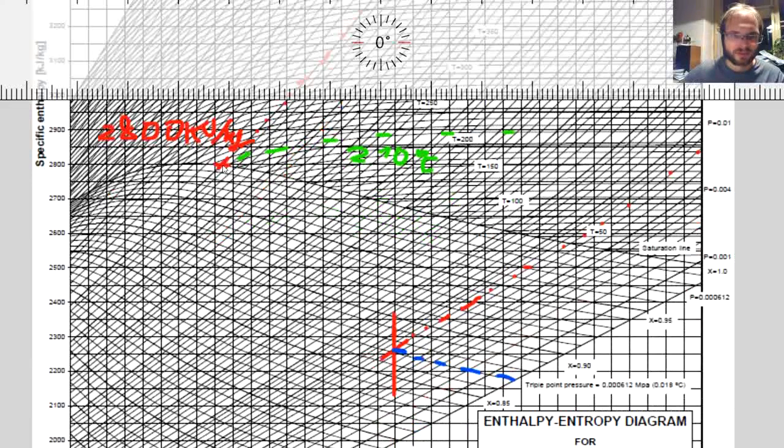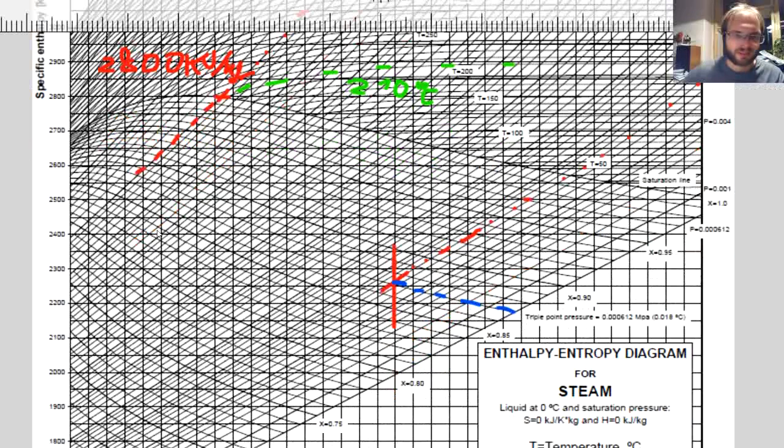Now if we want to continue on the isobar down, we can see that in this and basically any enthalpy-entropy diagram, you cannot get reasonably to the line of saturated liquid. But what you can do is to advantageously use the fact that the enthalpy is a linear function of the steam quality.